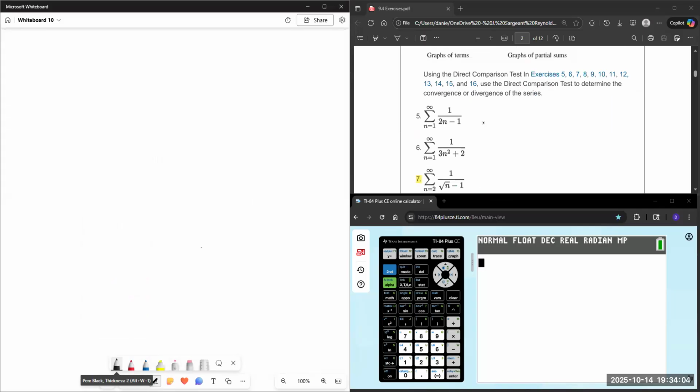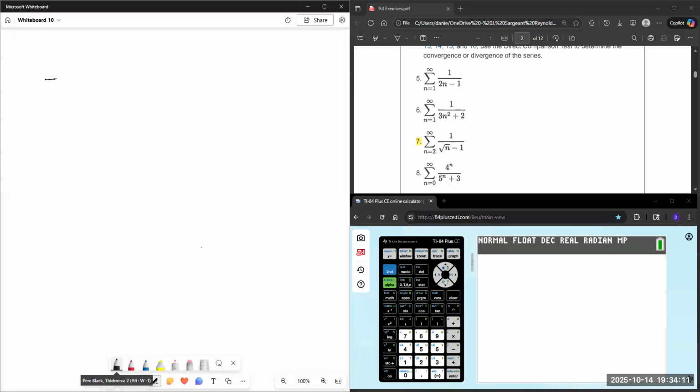So let's use the direct comparison test to determine the convergence or divergence of the series. 7 says summation from n equals 2 to infinity of 1 over root n minus 1.